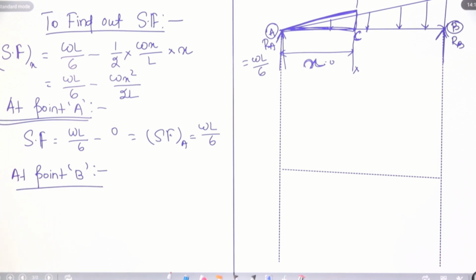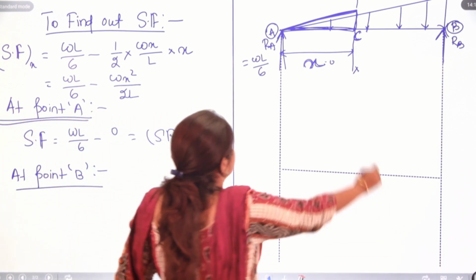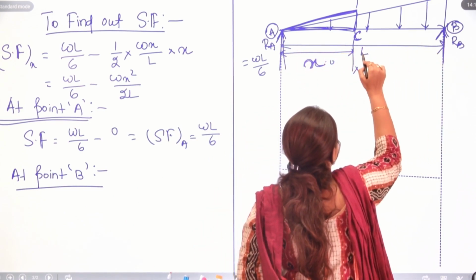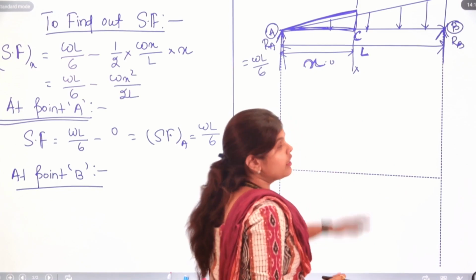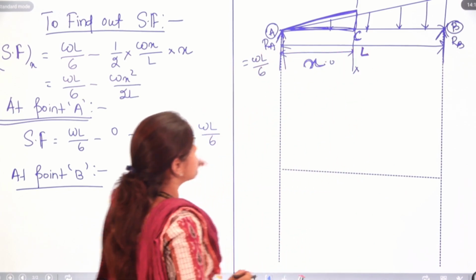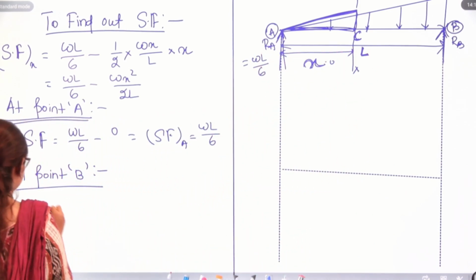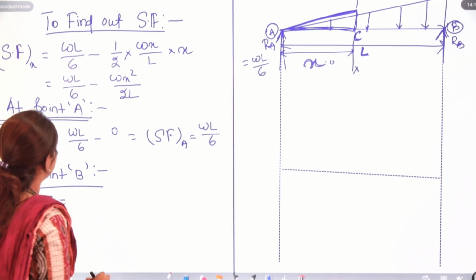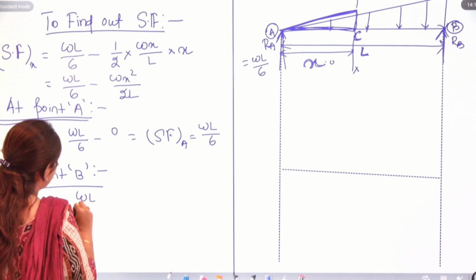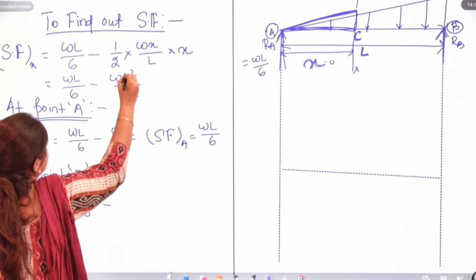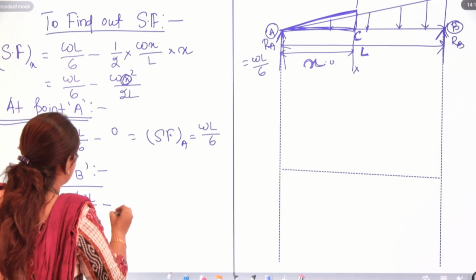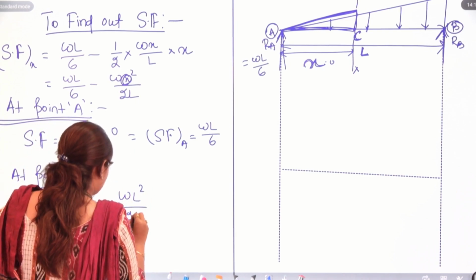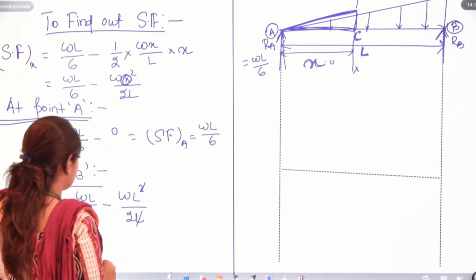Next, at point B. You can remember that we have taken this distance as L, as we are taking from the left side, so this total length is L. So, shear force will be WL by 6 minus, this x is going to be L, W L square by 2L. Here cancel.